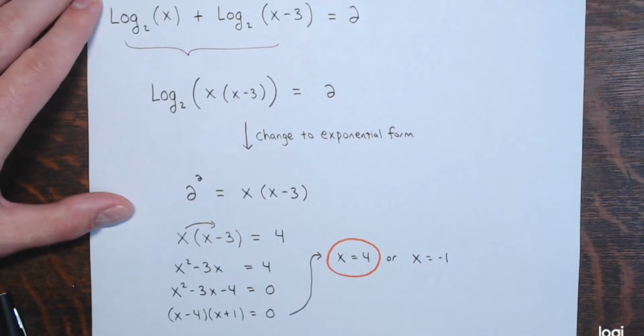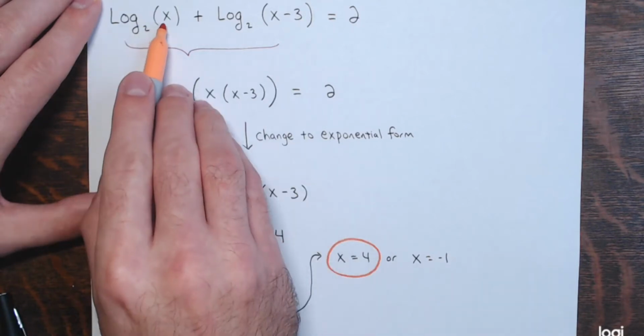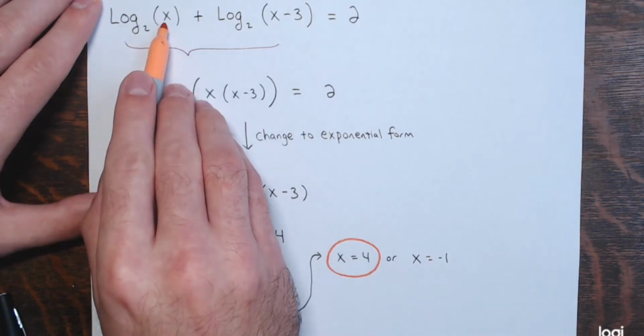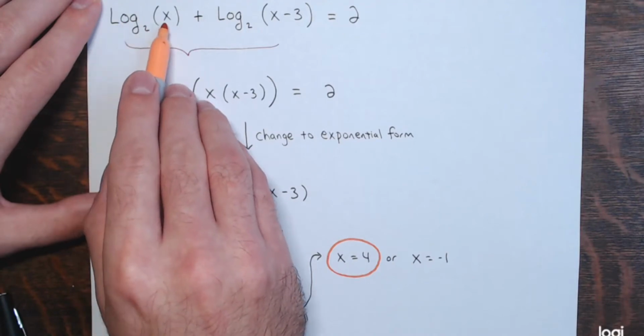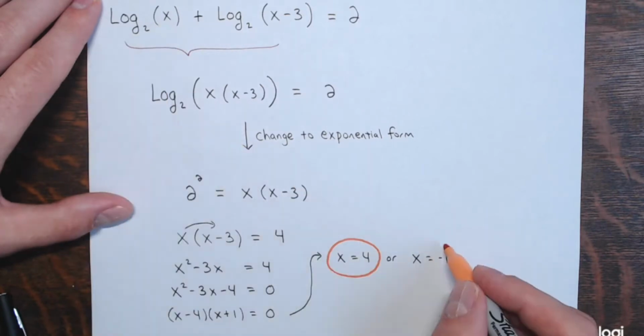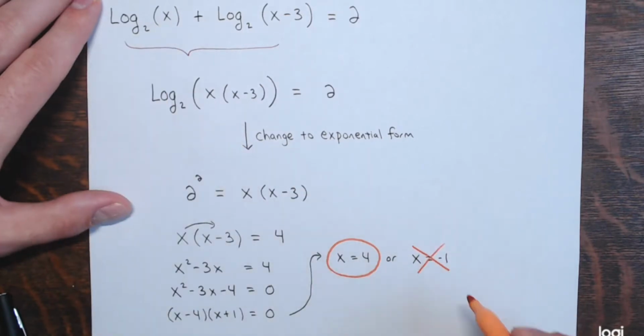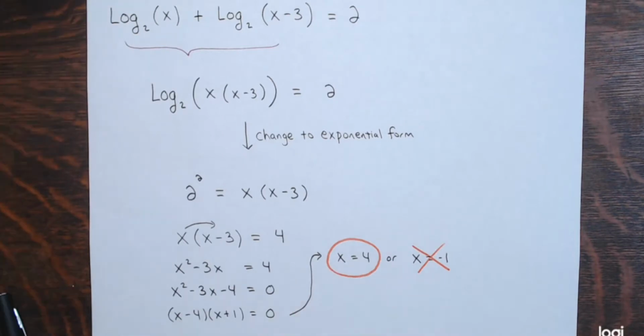But negative 1 is not good. Because if I plug in negative 1 for x, right away I'm taking the log base 2 of negative 1. The number inside the logarithm is not positive, so that's bad. So negative 1 is not a valid solution. So the only one that works out in the original statement is x equals 4.